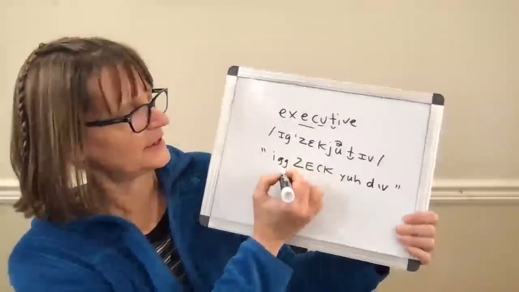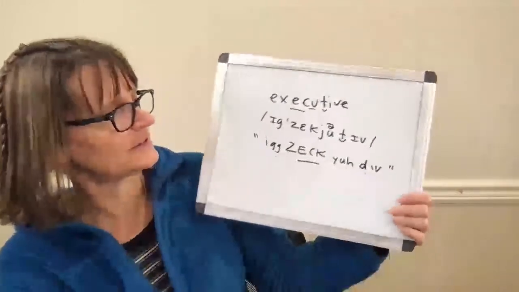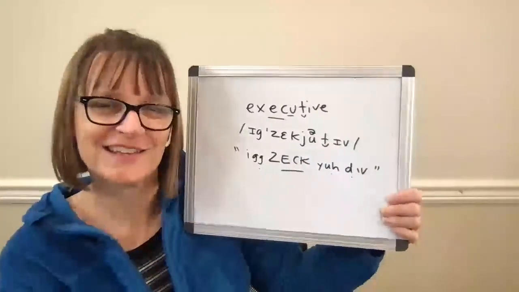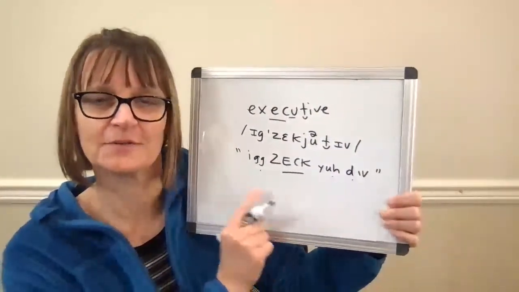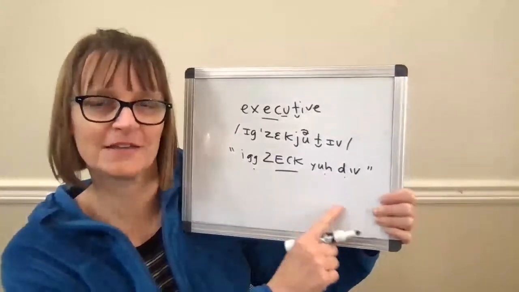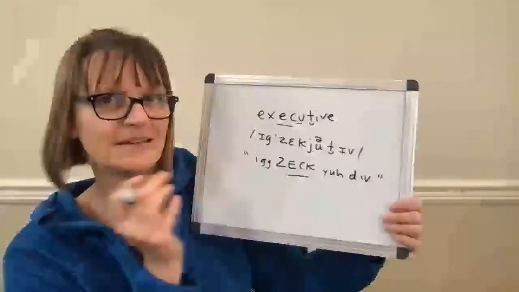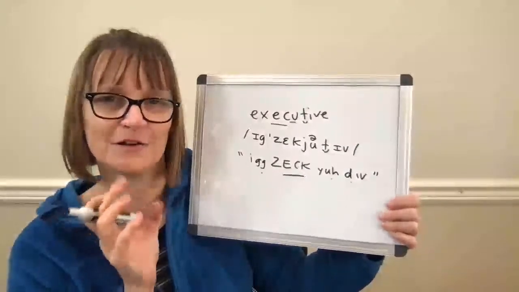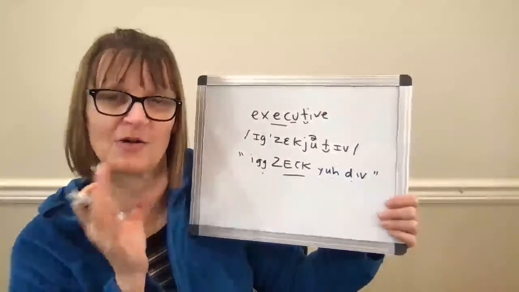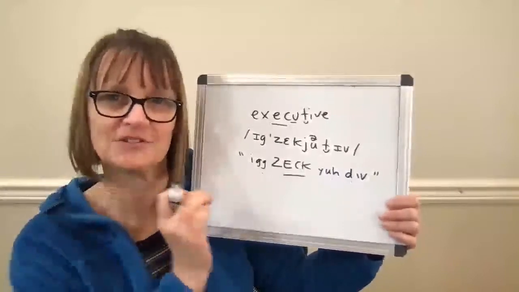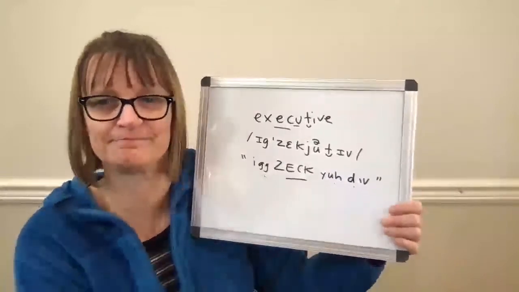Thinking about it as executive. To practice getting it right, start on the zek and then build from there. Executive. You want this ig to be super short, unclear vowel, reduced vowel, not clear vowel, and just light touch, executive.